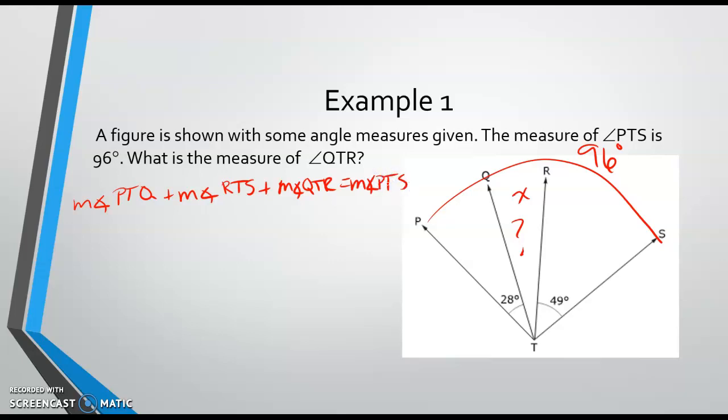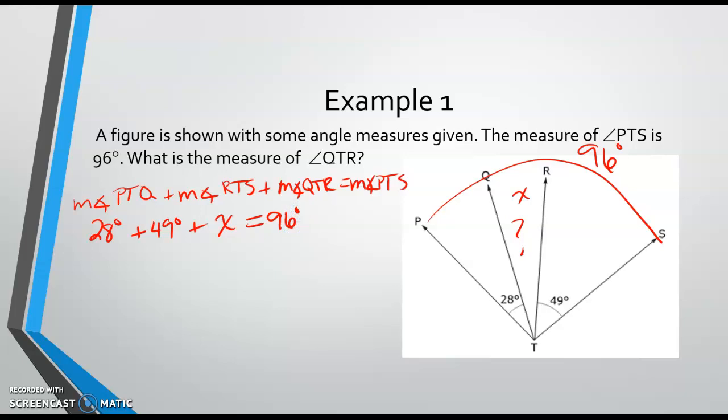All right. So now I'm just going to fill in for what I know. This is what the theorem states, that this angle plus this angle plus this angle is going to be the same as the big angle. So PTQ is 28 degrees plus RTS is 49 degrees. So 28 plus 49. I don't know QTR, so I'm going to call that X. And that equals PTS, which is 96 degrees.